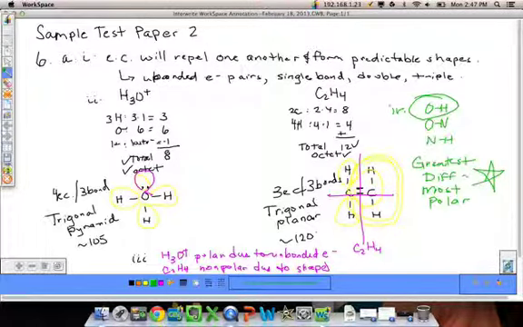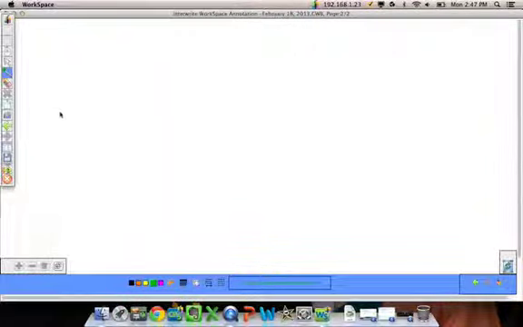Part B says that we need to predict and explain which of the following consist of molecules. When they say molecules, they're looking for electronegativity differences that are going to be between 0 and 2.0. Because 2.0, if we remember, of the electronegativity differences makes it ionic.